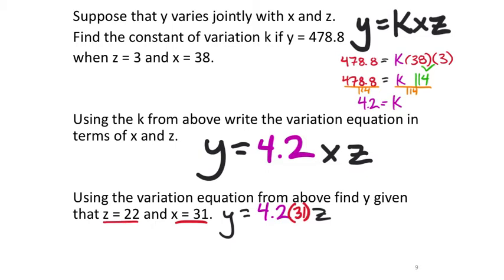So I replace the z value with 22, okay? And this is a direct calculation. We don't have to use any principles of equality to solve this. I can just put this directly into the calculator. So 4.2 times 31 times 22, enter, big number, but it works, 2,864.4. That's the y value.